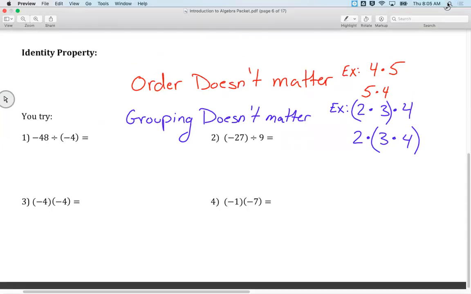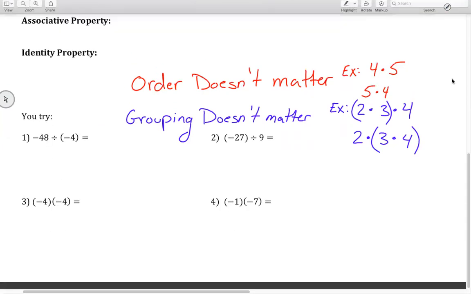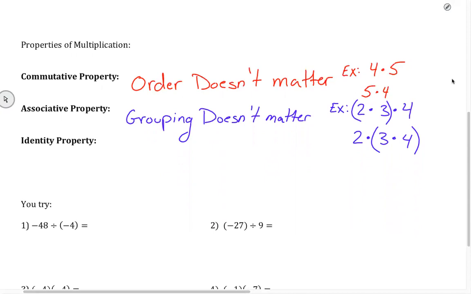All right, real quick. Oh, I didn't do identity. Identity property. This one's easy.